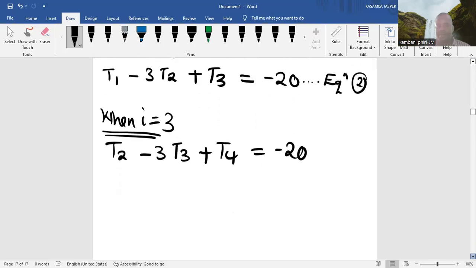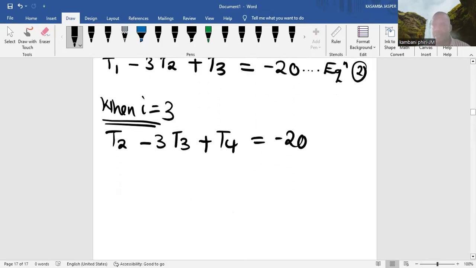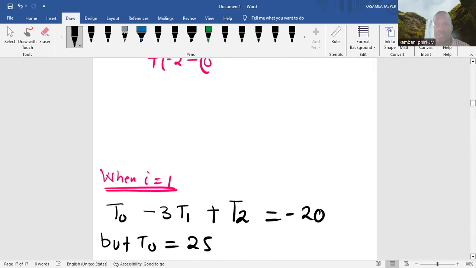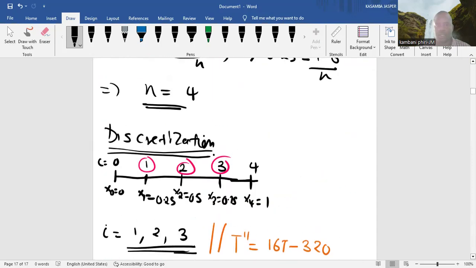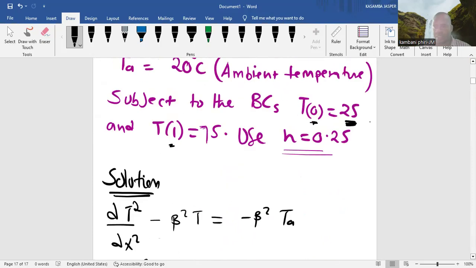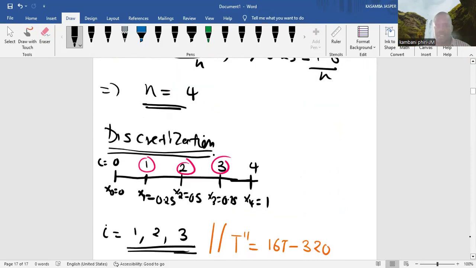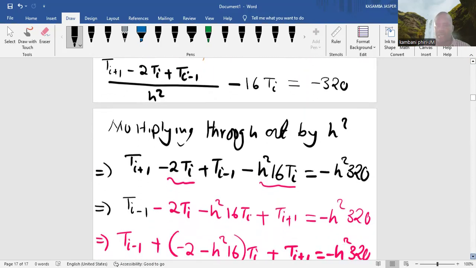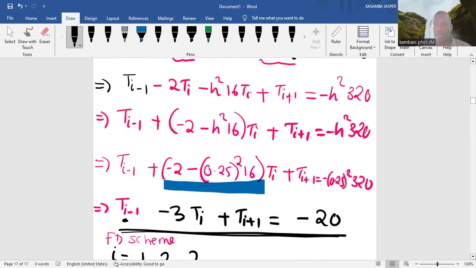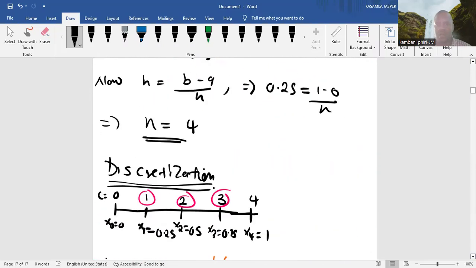Okay? But now, T4 is our boundary. If we go back to our discretization, T4 is the boundary here. So you get the value from the boundary condition of the upper limit.